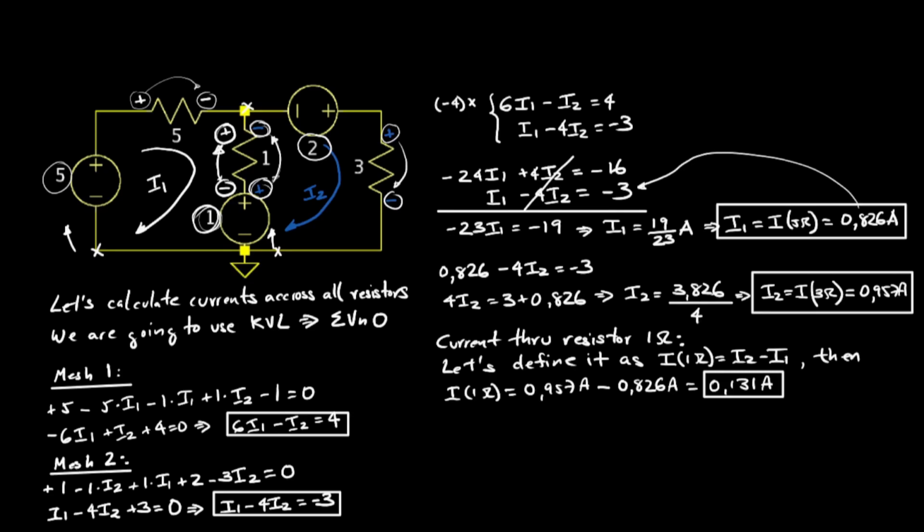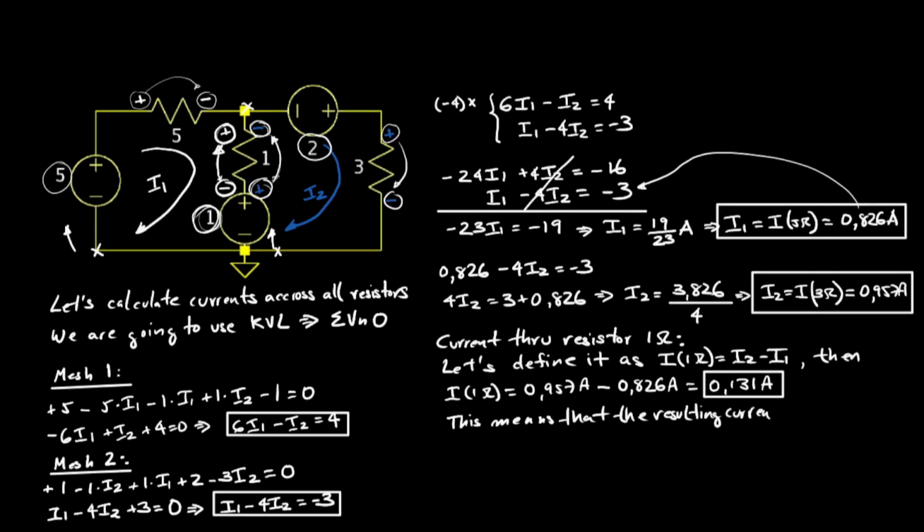It means it is going upwards, as is the case in this calculation. I get that the current I2 minus I1 equals 0.131 ampere positive. It means that it goes upwards.